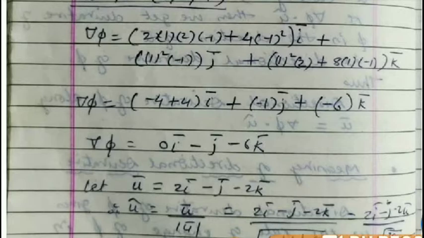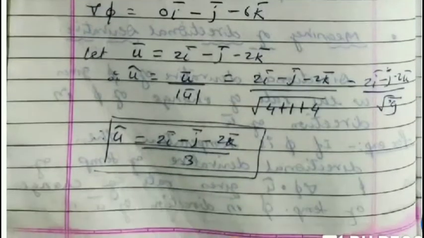Next, consider vector u. Vector u is 2i minus j minus 2k. Remember, students, here the value of vector u is already given. We have not formed it by any condition.